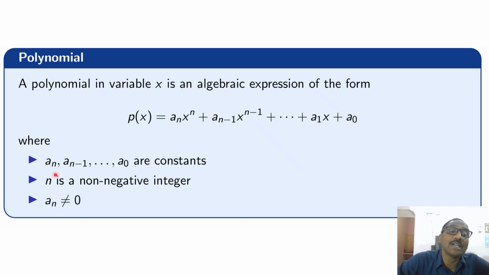So an minus 1 and so on to a0 are constants. All these are constants, real numbers. N is a non-negative integer.